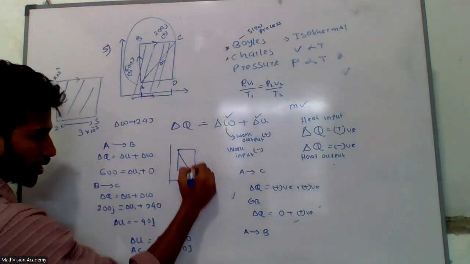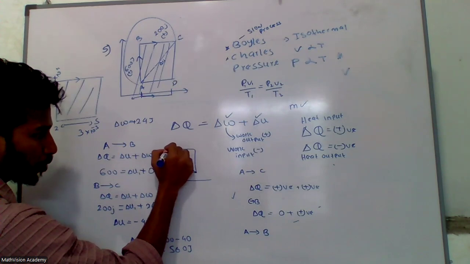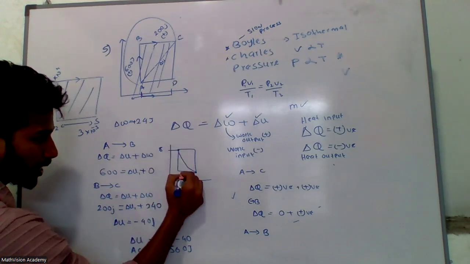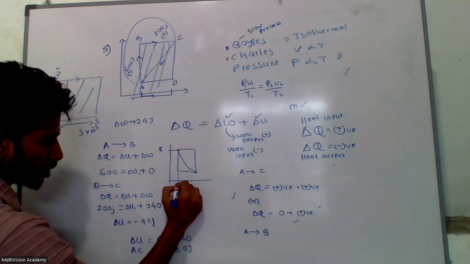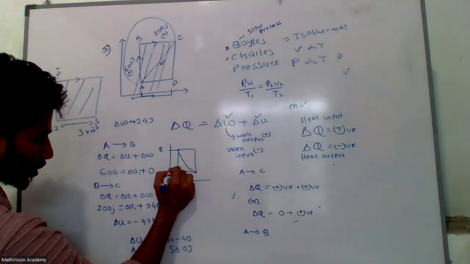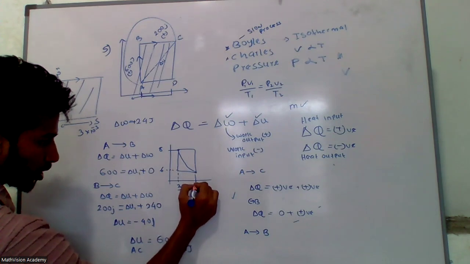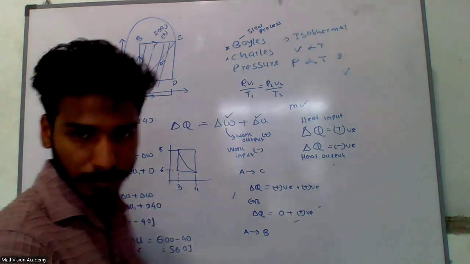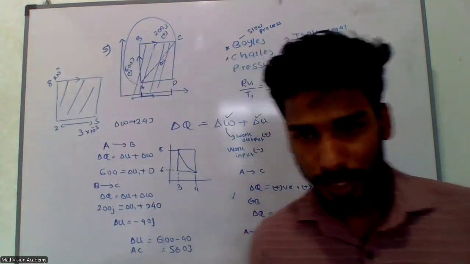You should understand, if the PV product, the pressure is 8 and let's say the volume is 3, in here the pressure is 6, let's say the volume is 4, okay?